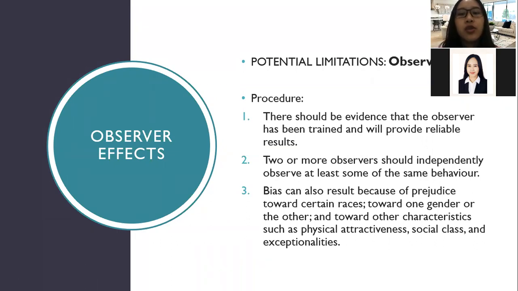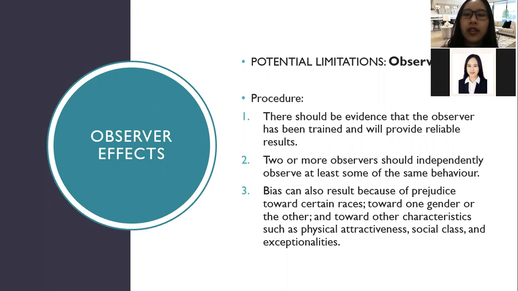And the second one is 2 or more observers should independently observe at least some of the same behavior to avoid bias. And the last one is that bias can also be the result of prejudice towards certain races, for example, gender, characteristics such as physical attractiveness, social class, and exceptionalities.